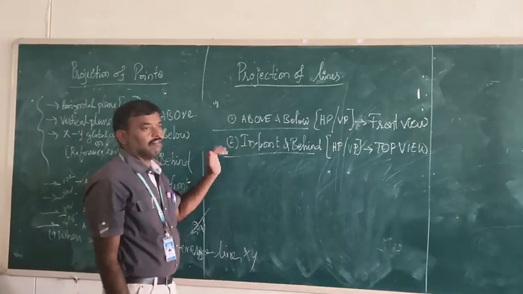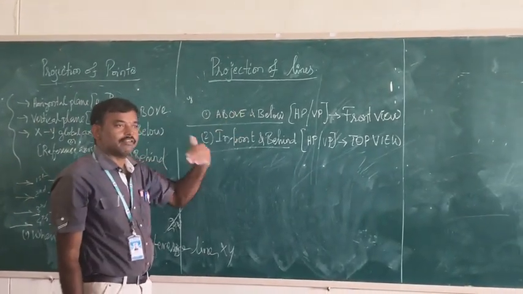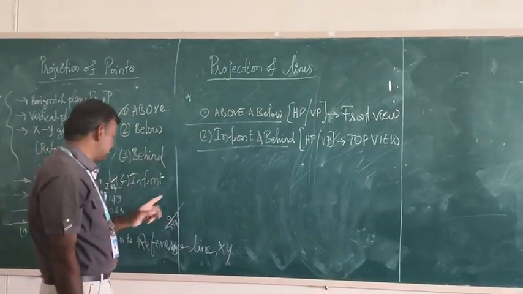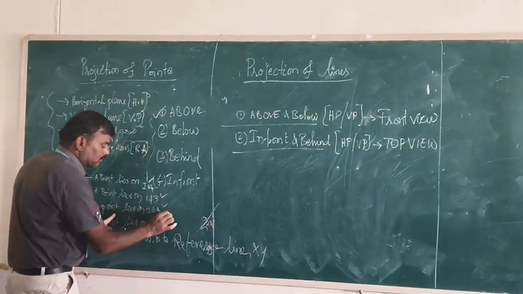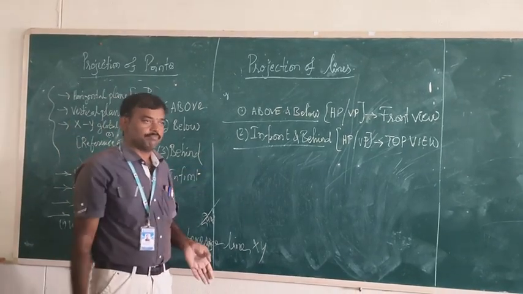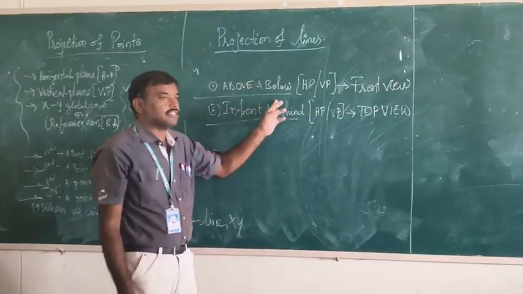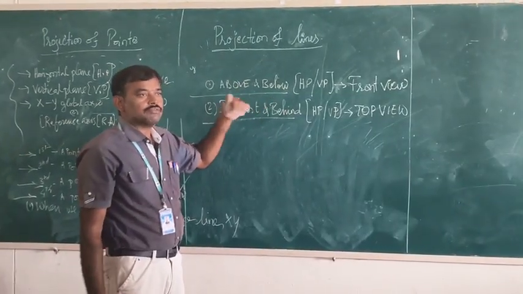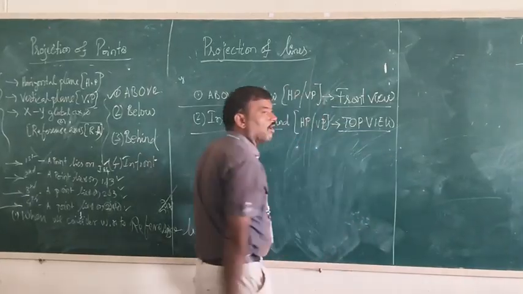When we get clarity about the accommodation of the point or line, whatever it is, then we go on to treat it as first angle projection, second, third or fourth angle projection, with respect to the problem given. Are you getting it or not? The must-understand thing is where it lies, that is, where it accommodates: front view or top view.